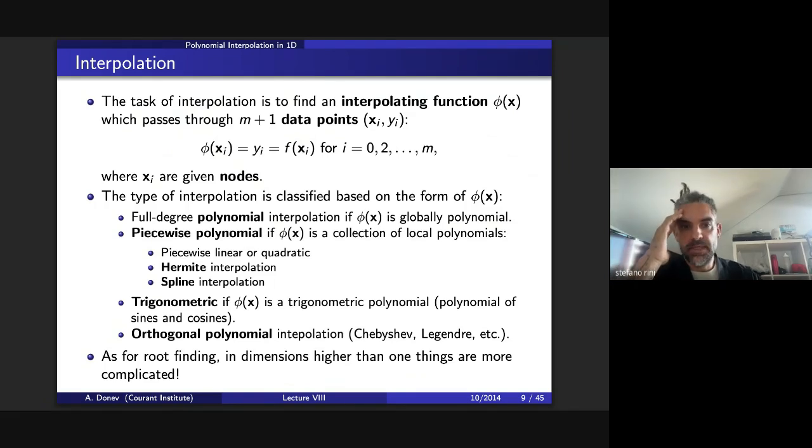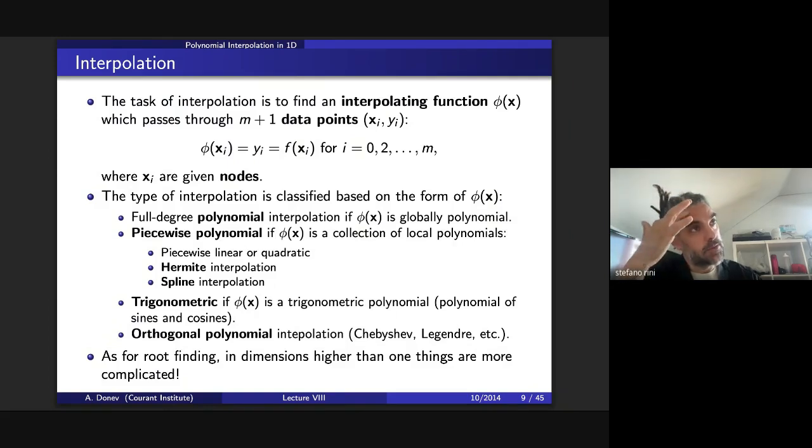We like piecewise polynomials for similar computational reasons, and later on we're going to see Hermite interpolation and spline interpolation. Something else that we really like are trigonometric functions. The reason why we like trigonometric functions is that it is very easy to define the orthogonal space.